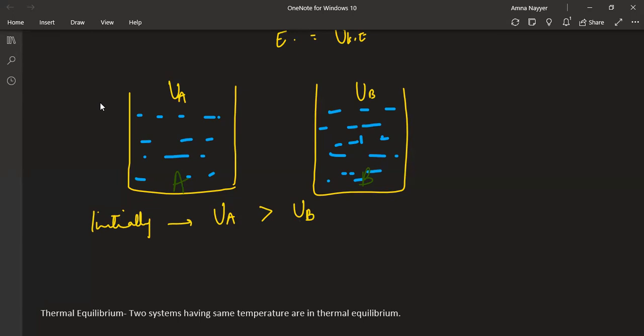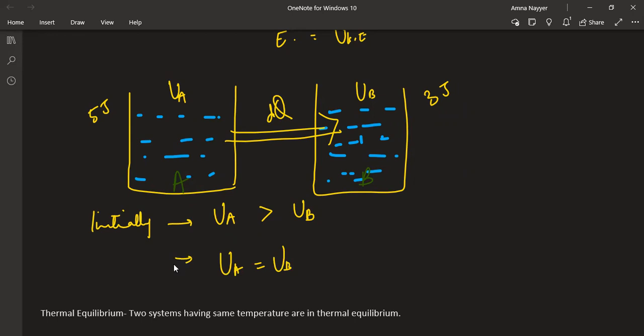Let's say the internal energy of A, take any number, is 5 joules, and let's say the total internal energy here is 3 joules. So obviously 5 joules is greater than 3 joules. It means the internal energy of A is greater than the internal energy of B. Now, what happens? Whatever is the extra amount of energy, let's say dq, will travel from the one having higher temperature or higher energy to the one having lower energy, till the time both have equal internal energies.